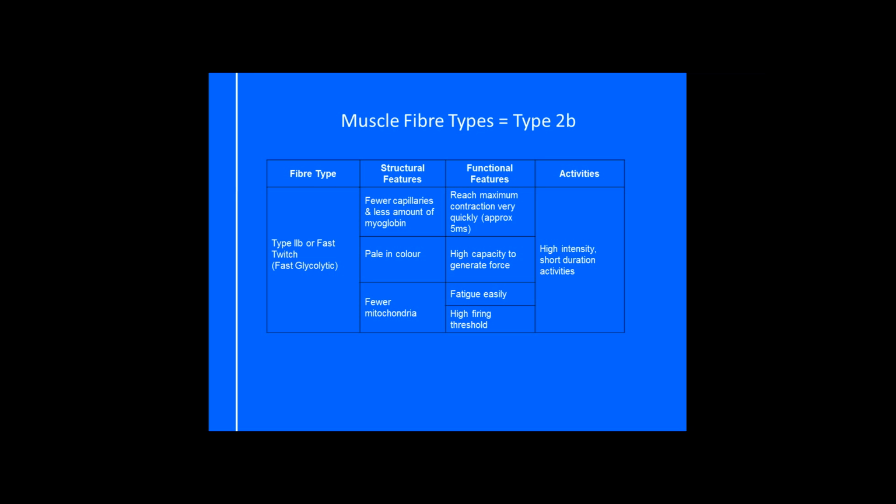They're pinky or red in colour, which means they've got high blood flow there. Whereas the chicken breast, the white part, is white meat, which means it's really pale, and they flap fast. So as they're flapping fast, that's their fast twitch muscle fiber. But as they're flapping fast, they also don't fly very well because they can't last very long at doing it. So that's how I remember the differences between them.